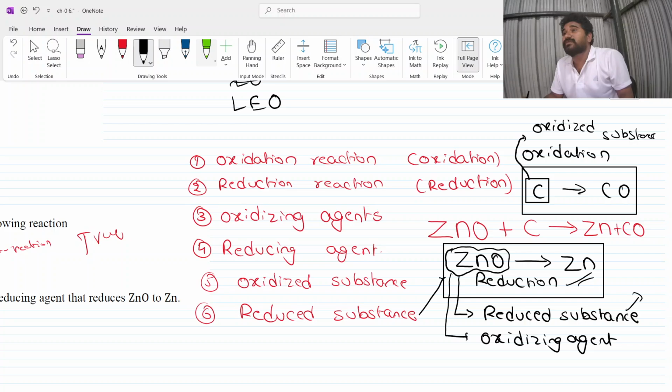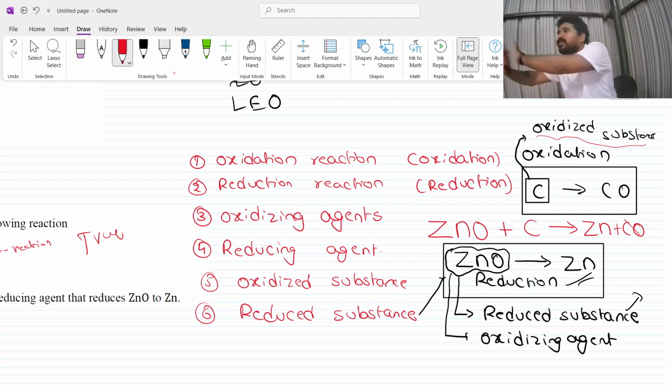What is your doubt? That's what I am telling. After oxidation, the product we get is CO. But the oxidized substance is not CO. Who underwent oxidation here? C. Is that clear? Oxidized substance is not about what you get after oxidation.